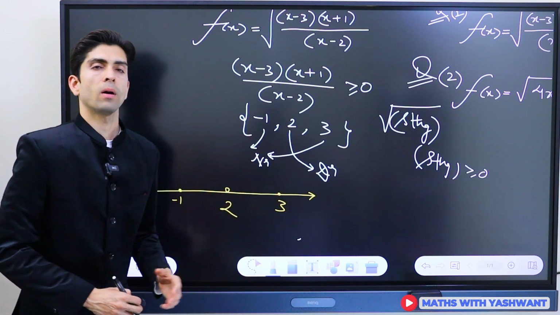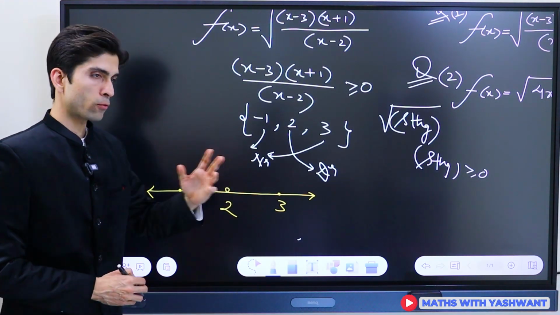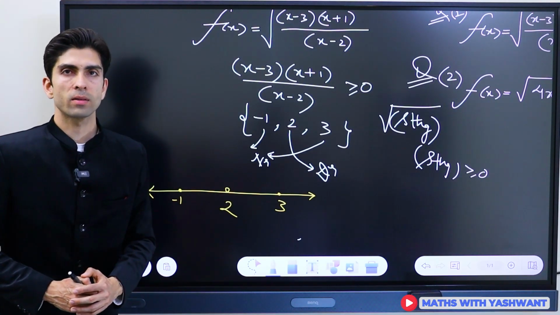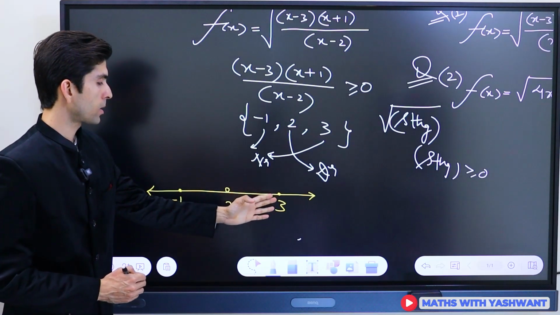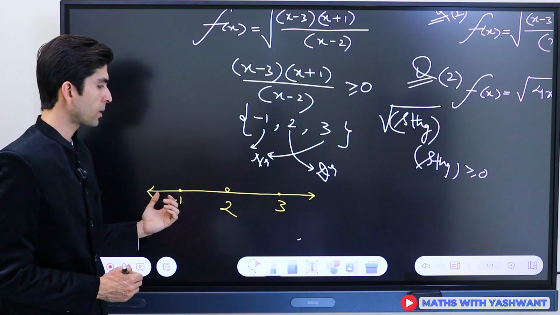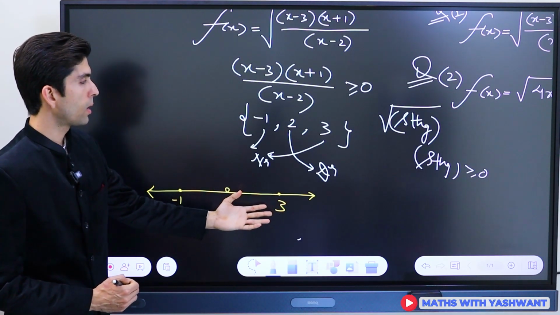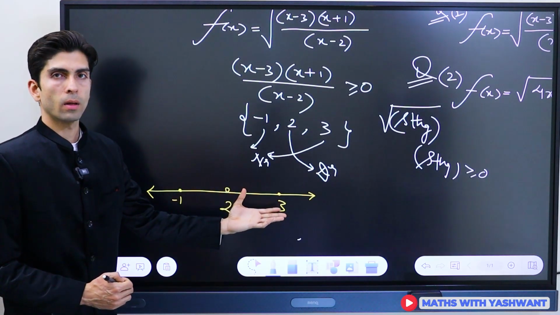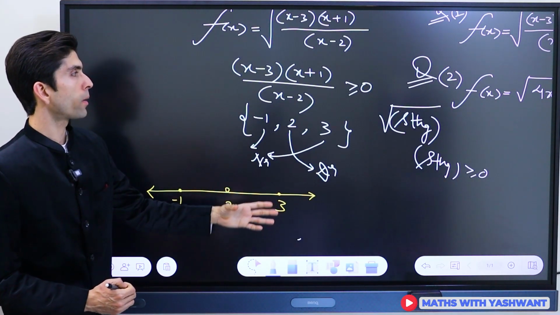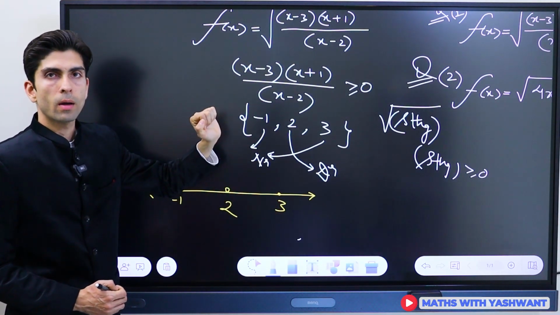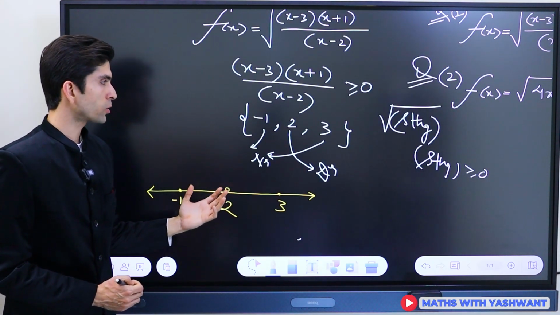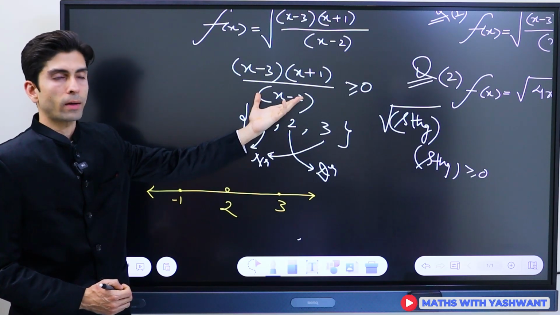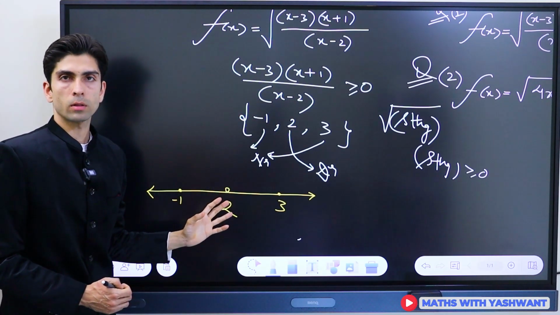In my past video on wavy curve, I have taught that for those critical points that we get corresponding to the numerator, we mark them using a filled circle. You can see here we have marked the critical points -1 and 3 using a filled circle, because these critical points correspond to the linear factors of the numerator, and the critical point that we have got corresponding to the denominator factor, I have marked using an open circle.